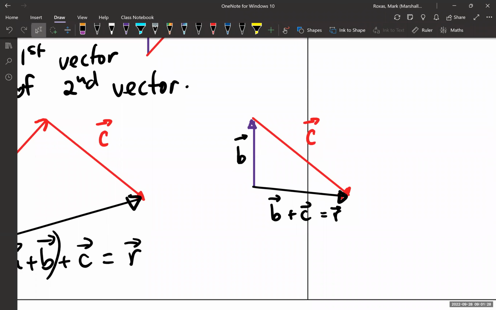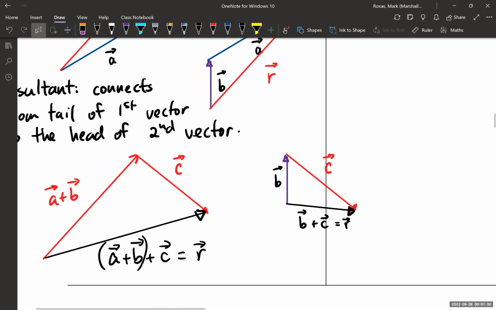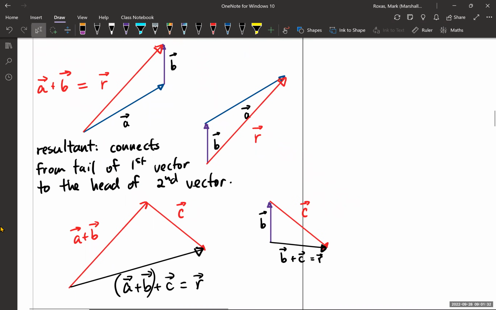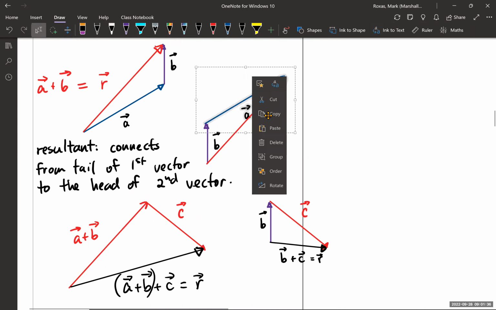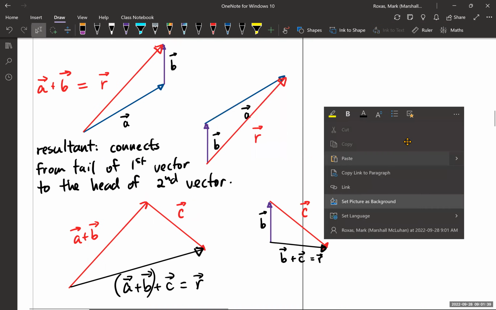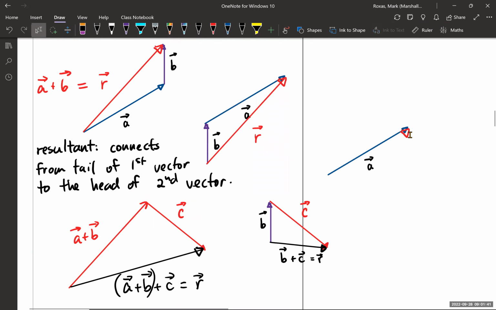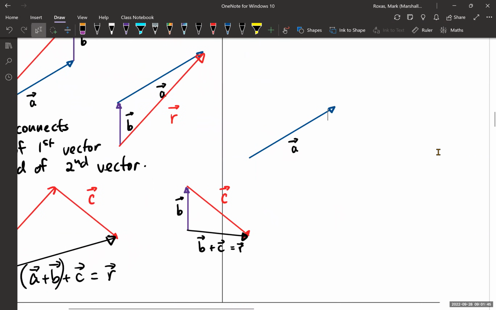So I'm going to add a vector A into all of this. I'm just going to find a copy of vector A, and we're just going to copy that, paste. Okay.